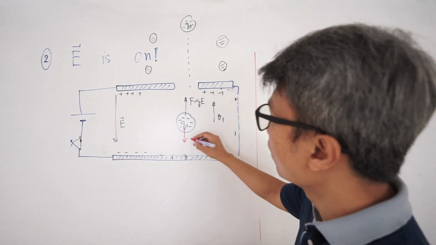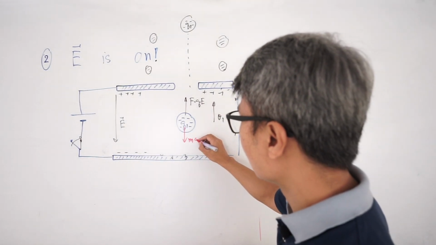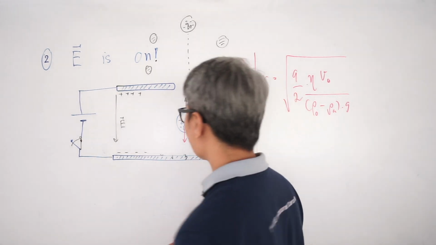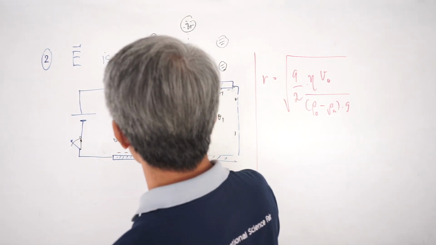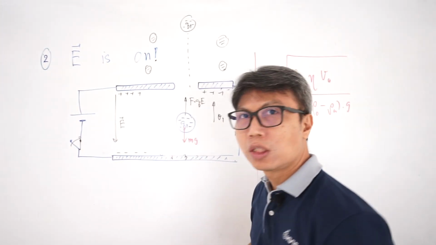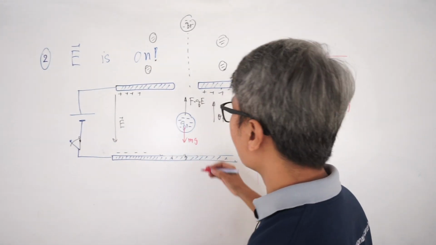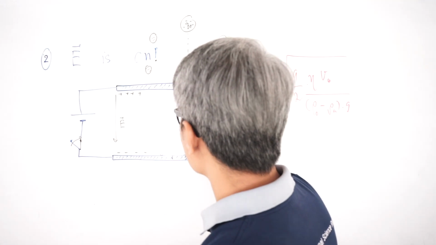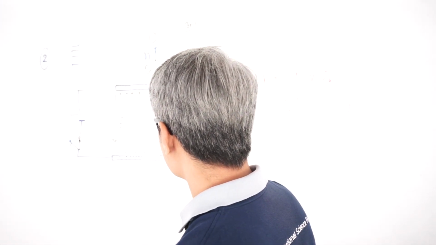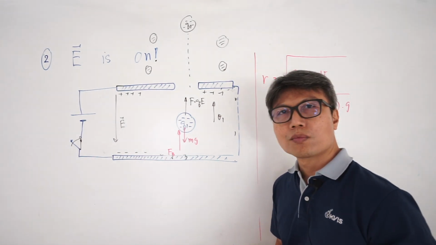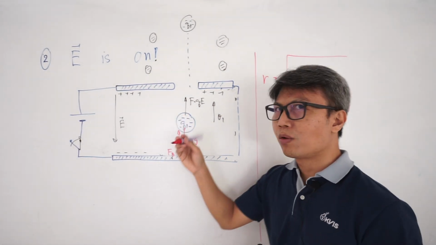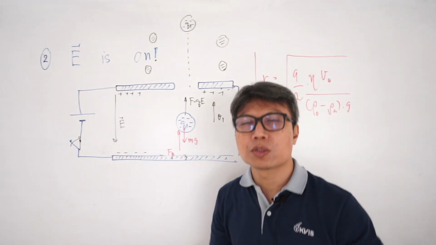We have to consider the mg, or the gravity on the oil drop. And since our oil drop is in the air, we have to consider the buoyant force, or Fb, as well. And the direction of the buoyant force is upward, right?